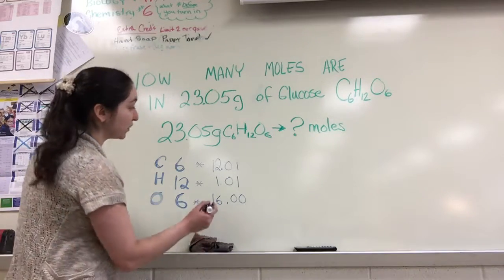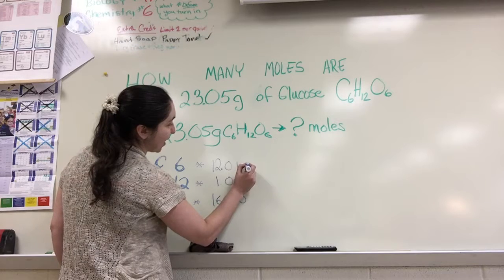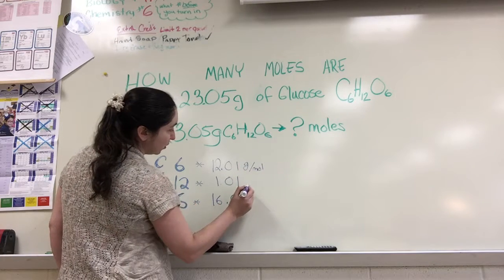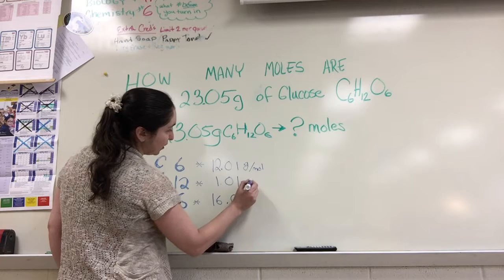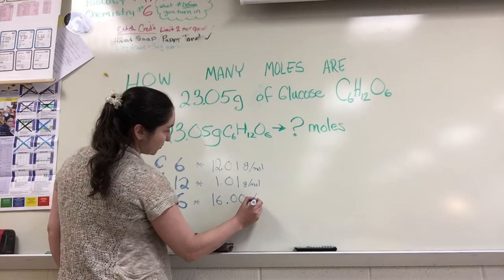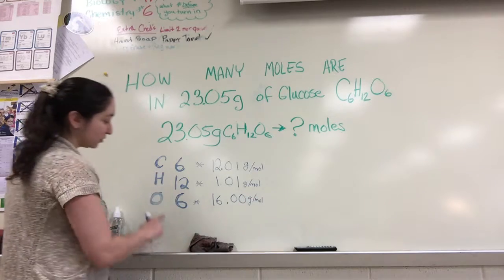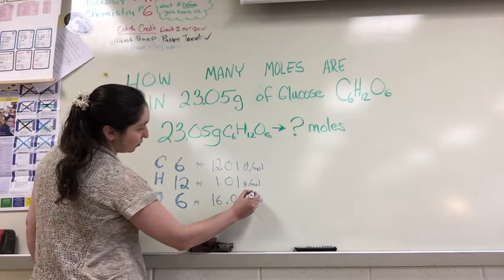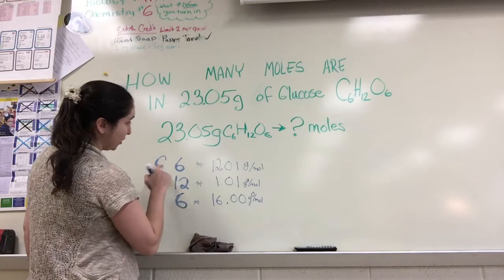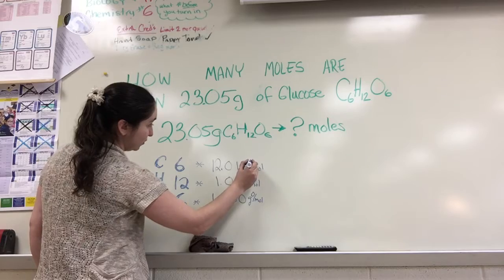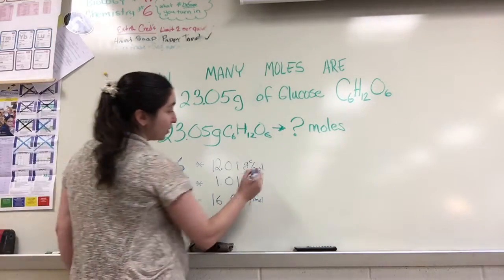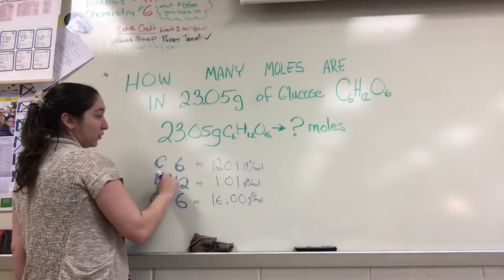So another way to say that would be grams per mole. And I'm actually going to point out here that it's not just grams per mole, it's grams of whatever you're talking about. So grams of oxygen, grams of hydrogen, grams of carbon, okay? You should know that.